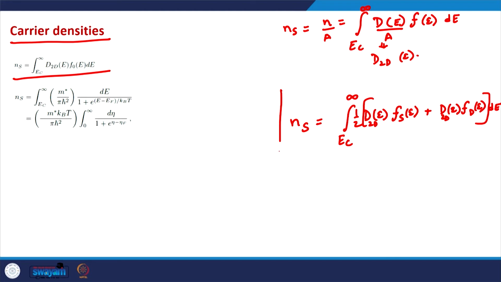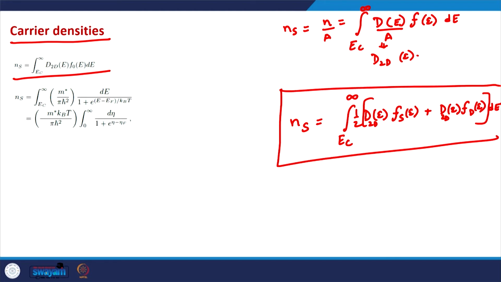So, this will be the carrier density in the channel, and if you remember our general form of the current, this is the general form of the current in the MOSFET. So, the charge density in the channel is actually obtained by this expression.